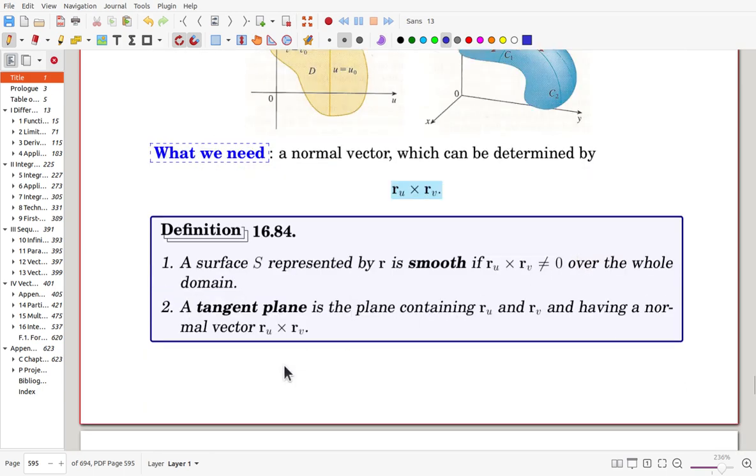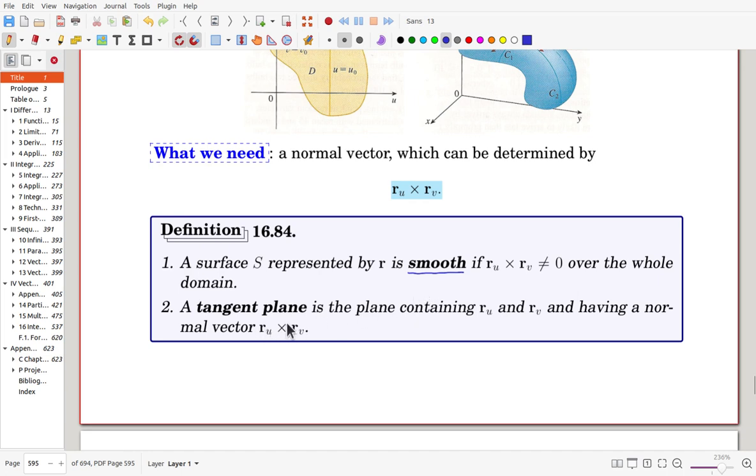We have a definition. A surface S represented by R is smooth if the cross product exists and is non-zero over the whole domain. Then we say the surface is smooth.